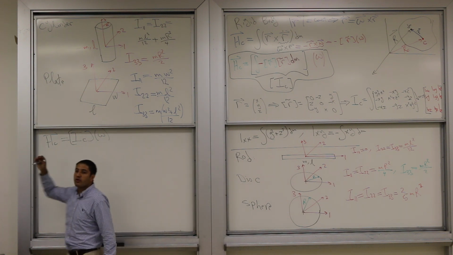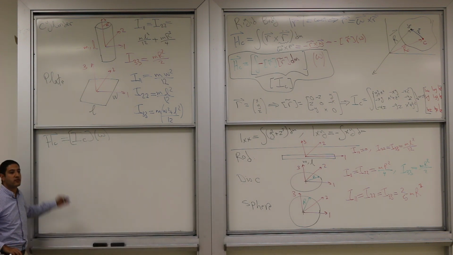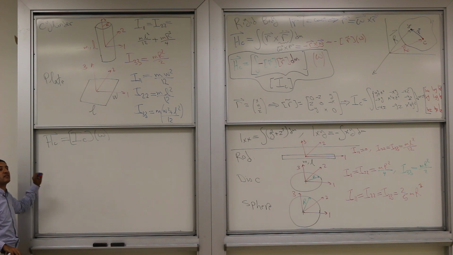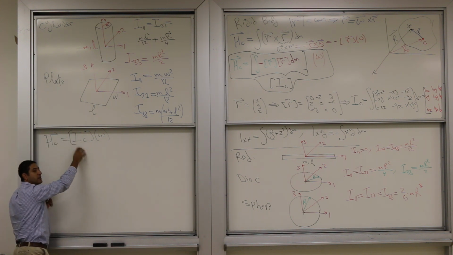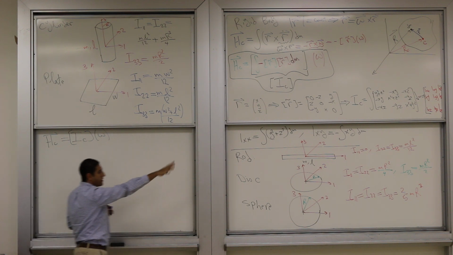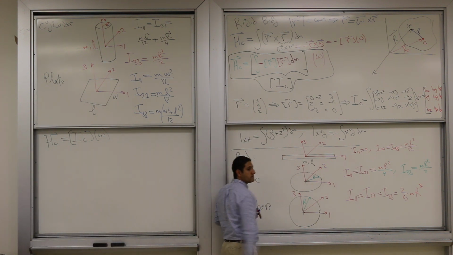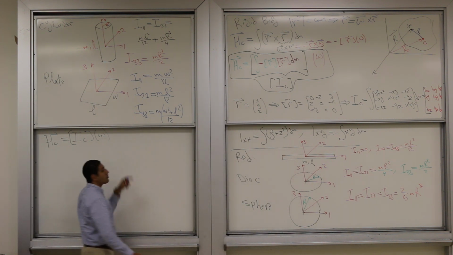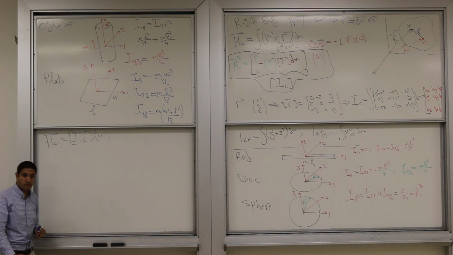And omega is the components of your angular velocity vector. This equation is indeed in the body axis. This is not true in any other axis. The angular momentum in the body axis equals the inertia matrix in the body axis times the omega components in the body axis. This is why I indicated the body axis here. Okay?